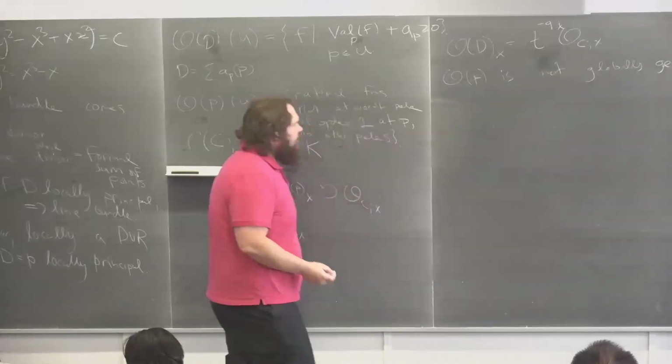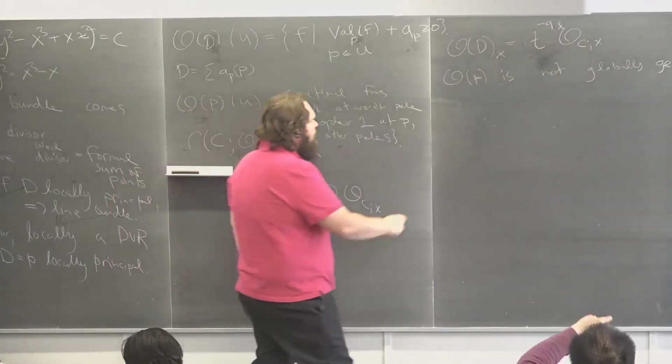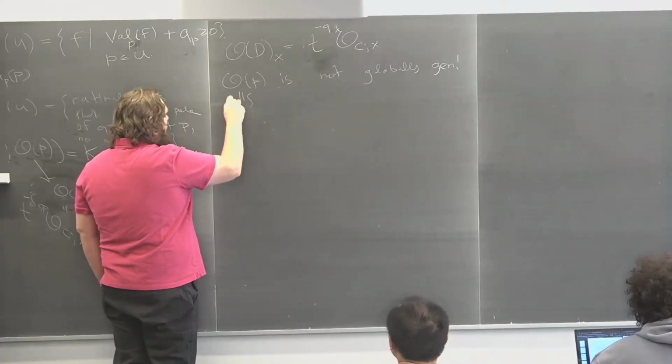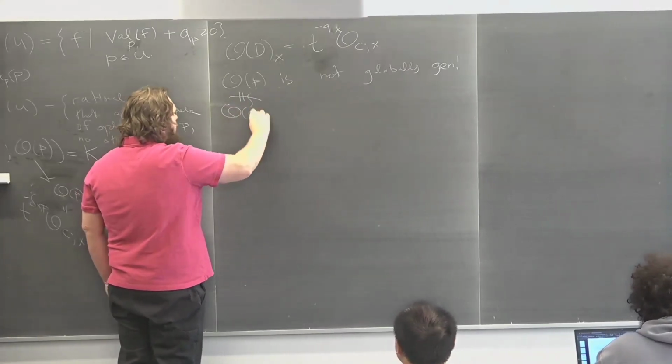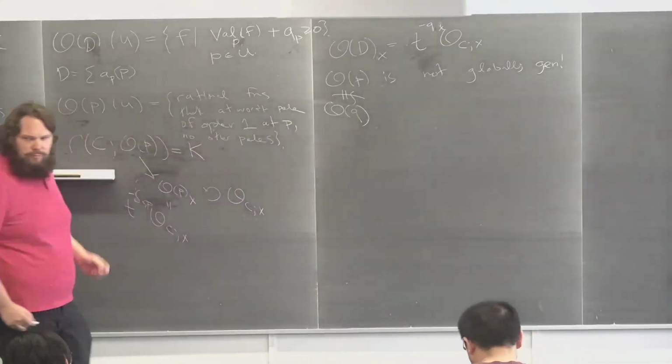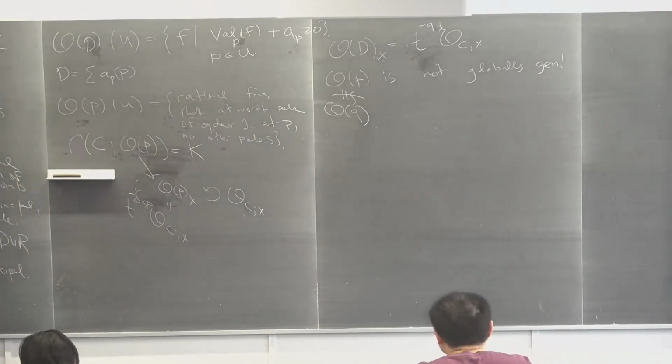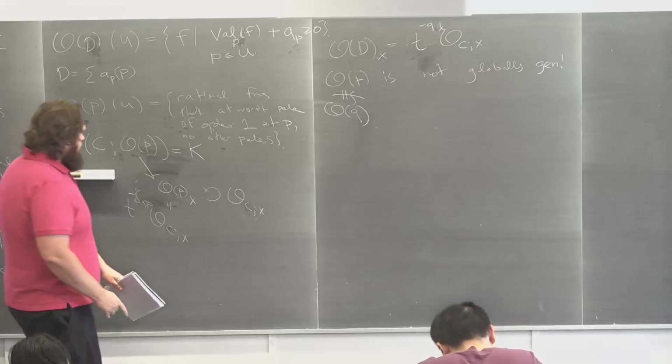And this shows us something actually pretty interesting, which is that O of P is not isomorphic to O of Q for all P and Q, because P is distinguished as the point where this guy is not globally generated. Right?